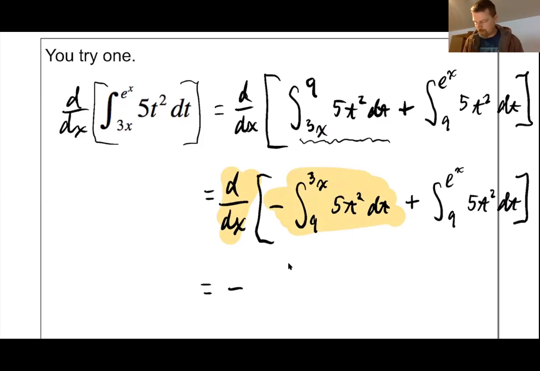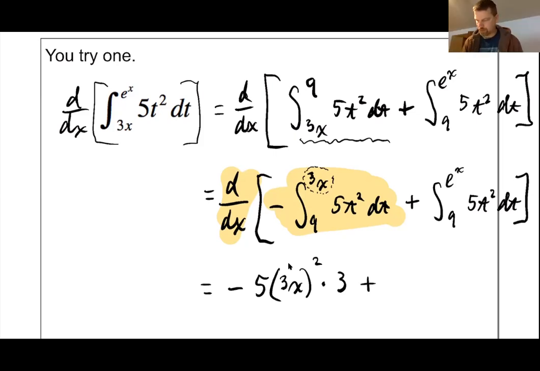But instead of 5t squared, I'm going to write 5 times what squared? 3x squared. Yep. But since there was something other than just an x, since it was a 3x, I got to multiply by the derivative because of the chain rule. I got to multiply, in this case, by 3.